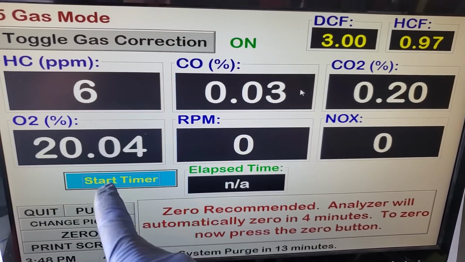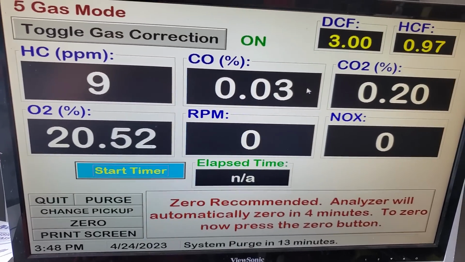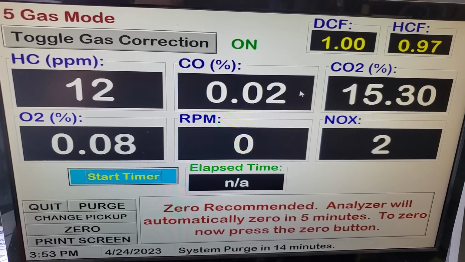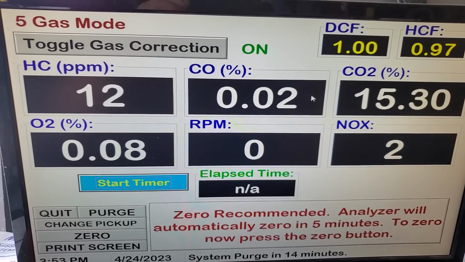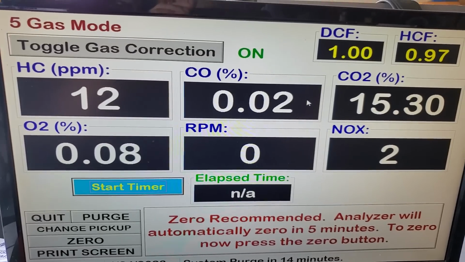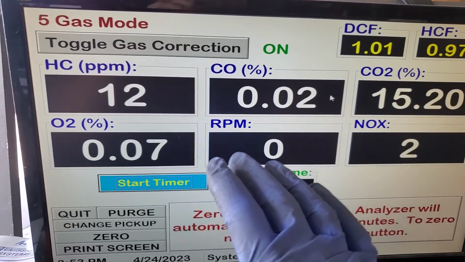And you can see why I talked about the gas triangle, these exchange. I better not be exhaling any carbon monoxide. What you're looking at here is I'm sampling a perfect running clean car. So this is pretty much ideal emissions.